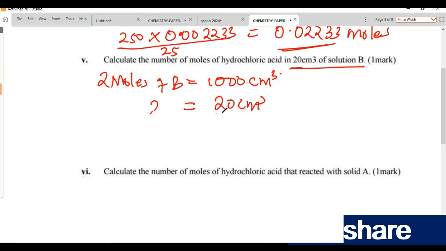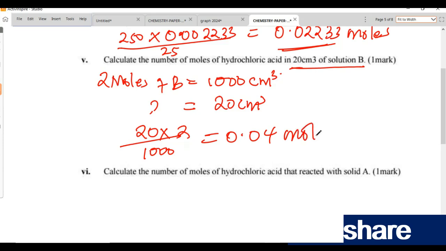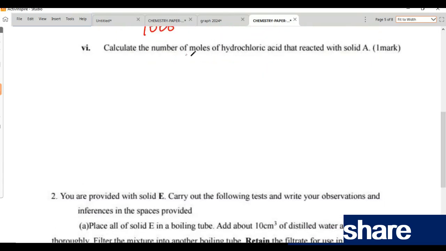Because solution B we took 20, to be measured 20 centimeters only. 20 times 2 over 1,000. That will give us 0.04 moles. That is the number of moles of solution B in 20 centimeters cube. The number of moles of hydrochloric acid that reacted with solid A.